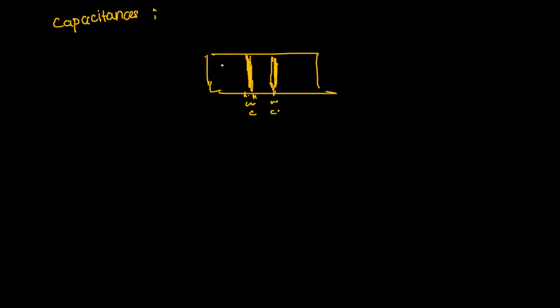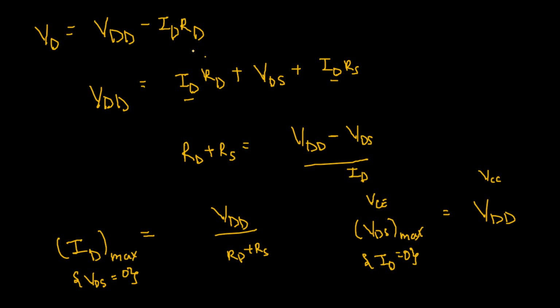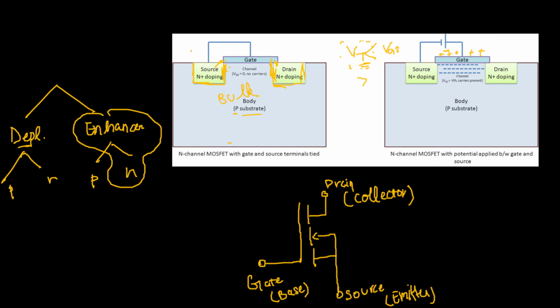So for all of these, we have different formulae. And I forgot to mention that there is also another capacitance that we have. This gate is always separated by an insulating layer, which is an oxide.